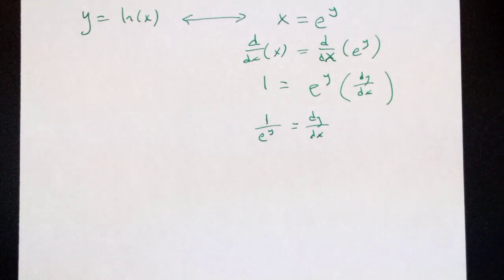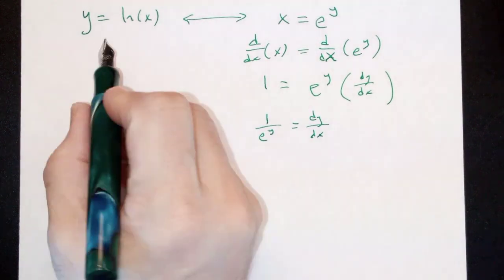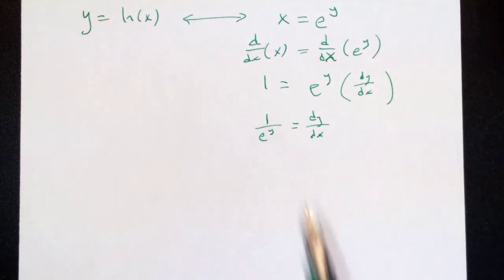I don't like having a derivative of an explicit function written in implicit terms. How can I get rid of the e to the y and turn it back into stuff involving x?